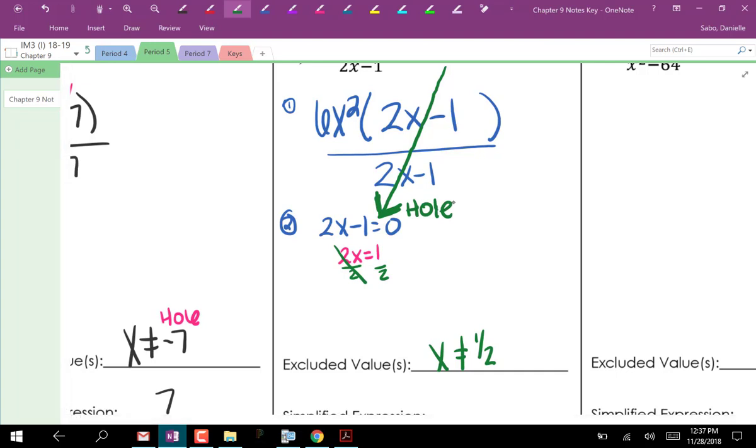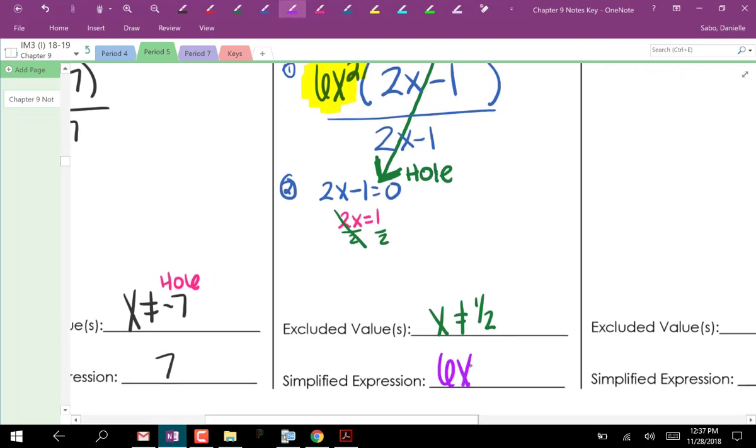If it did not cancel, if this was not up here, you would create a vertical asymptote. So that's what you have to ask yourself. Does that bottom piece cancel with anything on top? If it does, hole. If it doesn't, vertical asymptote. Okay? And then this piece that I highlight is left over, so 6x squared, that's all that's left.